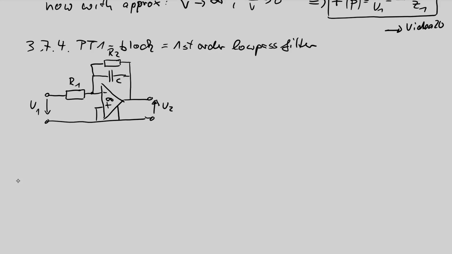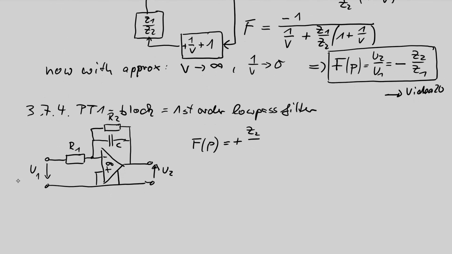And let's calculate the transfer function of this circuit easily using my shown equation. This minus sign is hidden in the direction of U2.